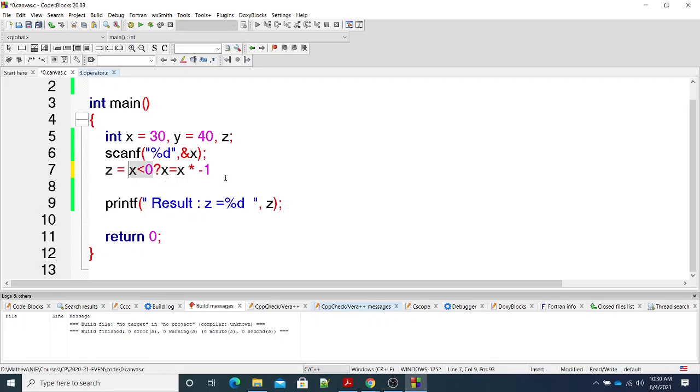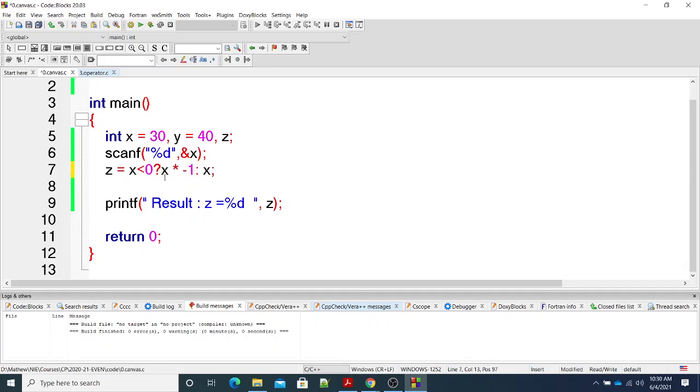In the true part, the expression 2, we have to multiply the number with minus 1. Else, the same number itself is the absolute value. Else means X is not a negative number; X less than 0 is false. Understood? If X less than 0 is true, that means X is a negative number, we multiply it with minus 1.